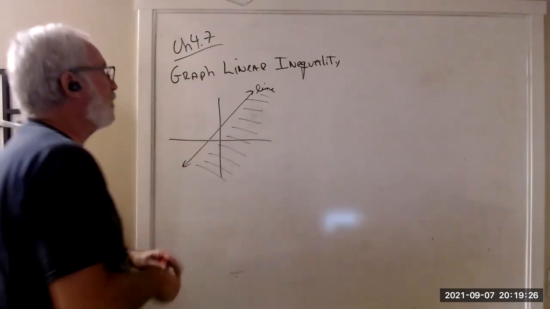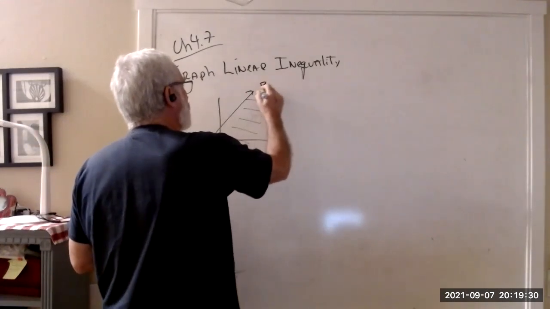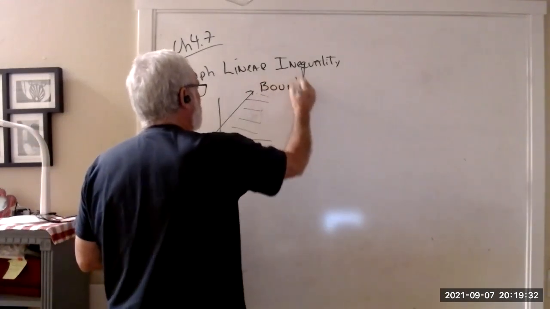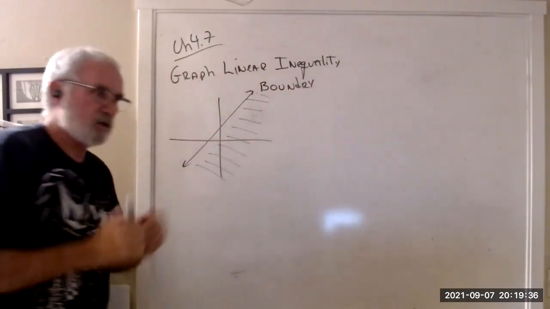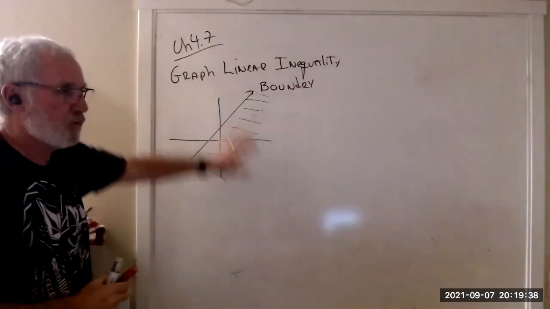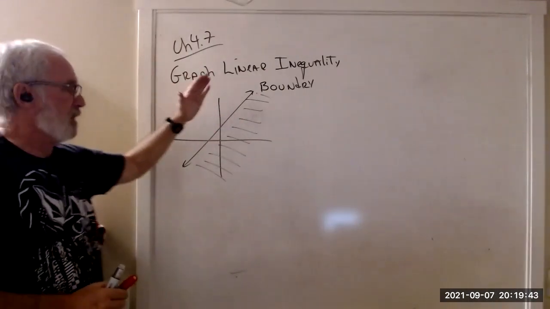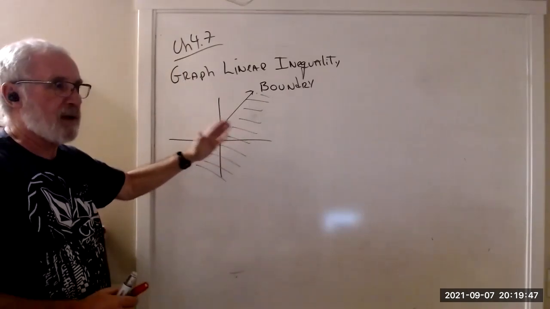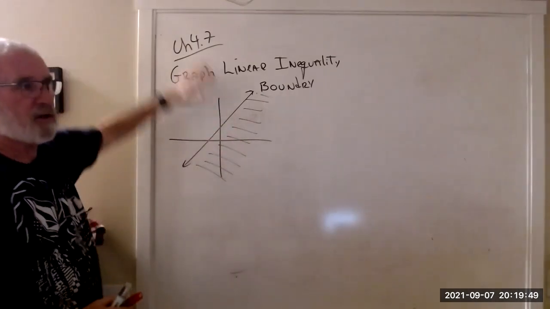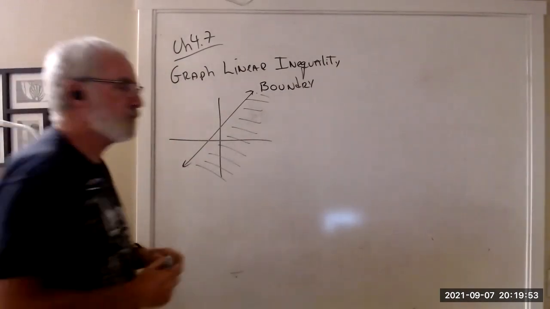This line is technically called a boundary line. Okay, it cuts the plane of the whiteboard or the chalkboard into two halves. It's the boundary between the shaded part and the unshaded part. However, it's a little bit tricky.